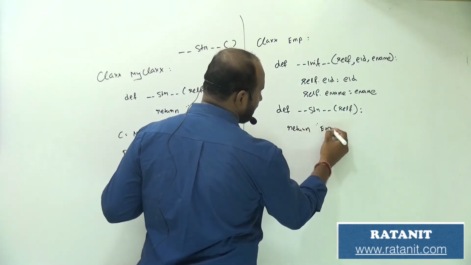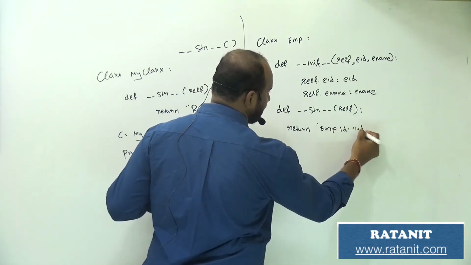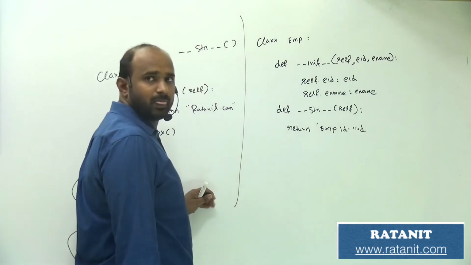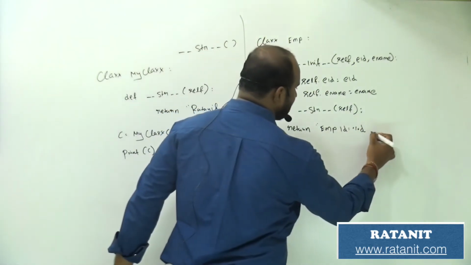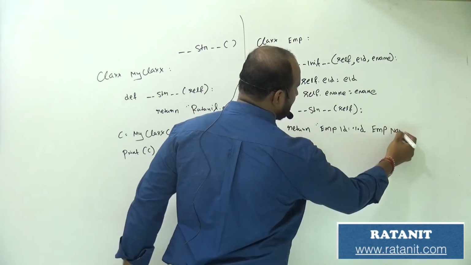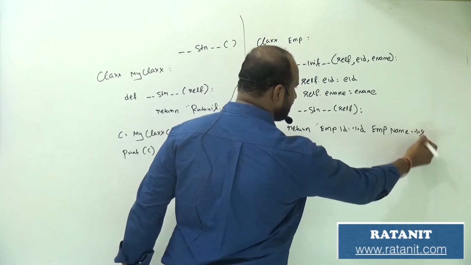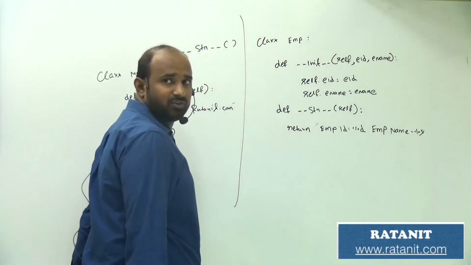Return employee ID colon percent d. Employee ID is percent d. Next, simply write the employee name: employee name equal to percent s. We have to substitute these values.